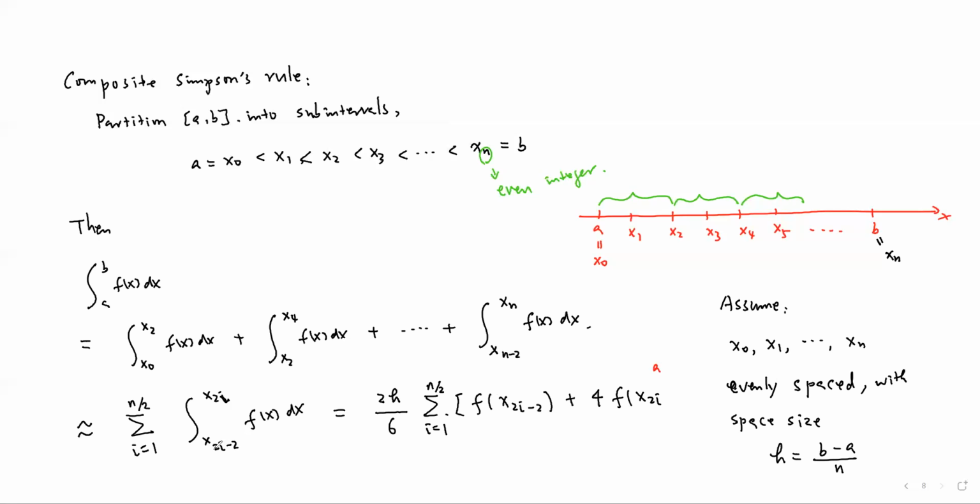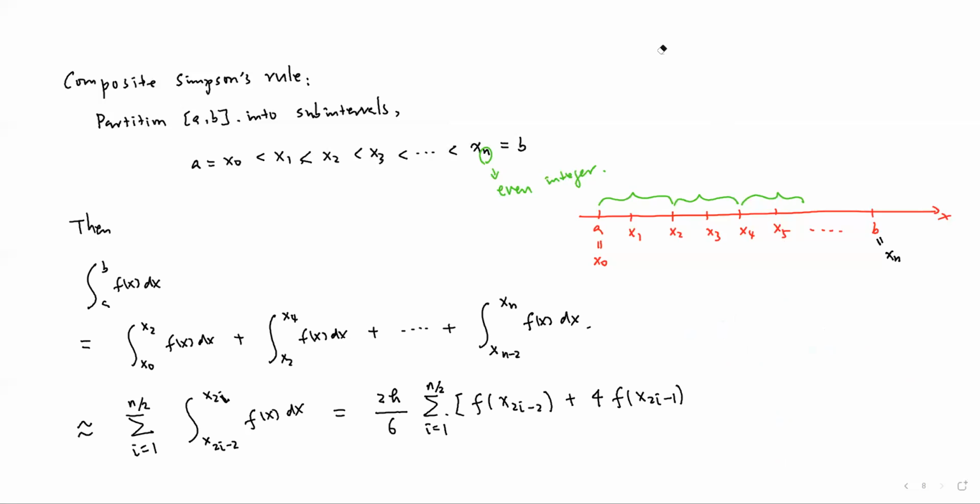The midpoint from this point to this point is 2i minus 1. Yeah, 2i minus 1, the midpoint. Let me erase here. And then plus f at b.